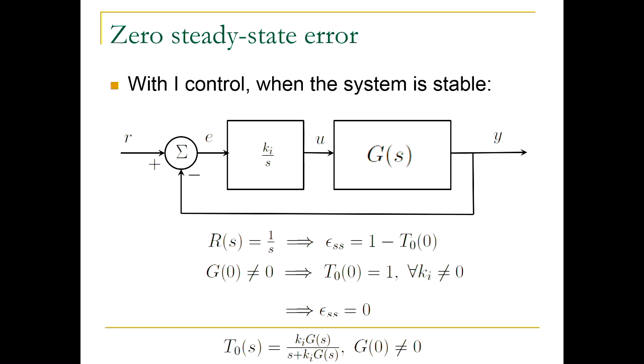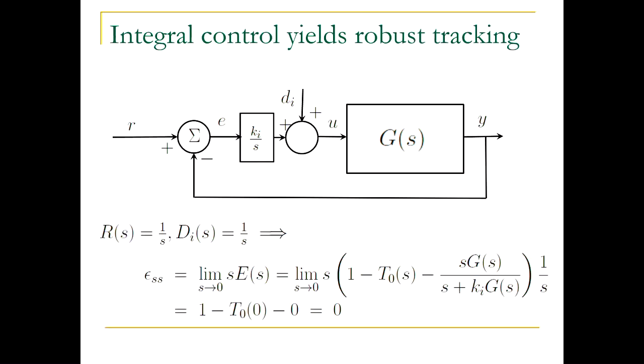But note here, I did not use any disturbance. Now, the million-dollar question is, well, what happens when we have disturbances? Let's repeat the same calculation. So if we have disturbances now, so both references and disturbances are unit steps, I use 1 over S for both of them. I plug all these into the formula for error.